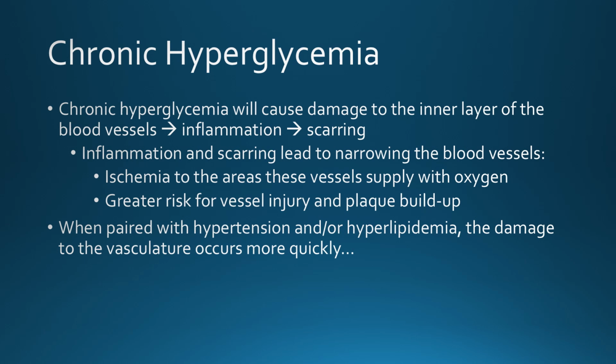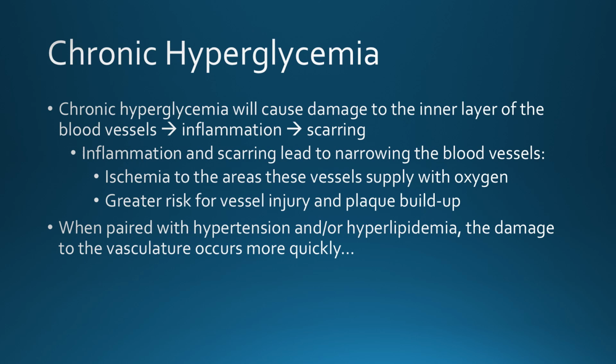Okay, and this again just kind of summarizes what we've been talking about. So as we have that scarring from that inflammation that causes that narrowing of the blood vessels, it causes a decrease in blood flow to certain areas of the body. Okay, that decrease in blood flow results in ischemia, or lack of oxygen.